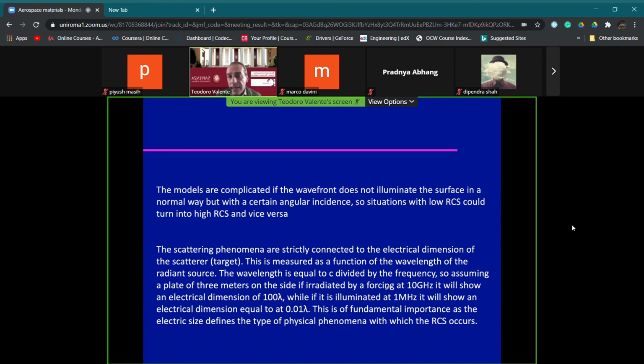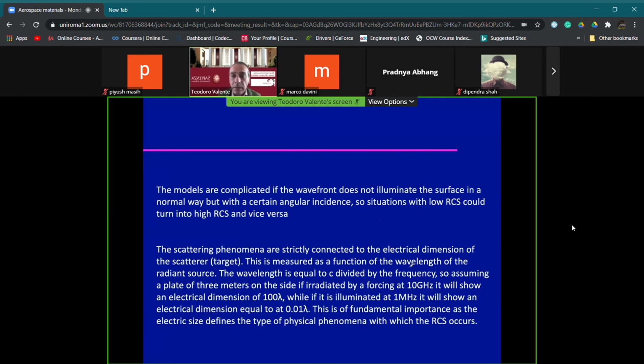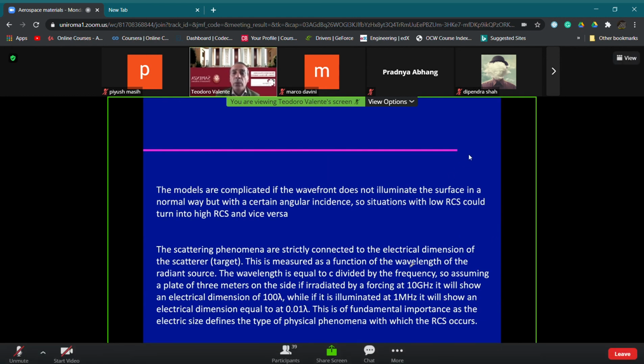And so designers must keep in mind that in a situation like this one, where the radar cross section due to geometrical factors is very low, if we change the angle of the incidence, for example, this one, the situation could turn towards one where the radar cross section is high, and so the object can be considered as detectable. This scattering phenomena, this is just for your purpose.